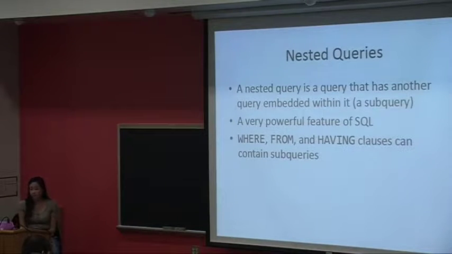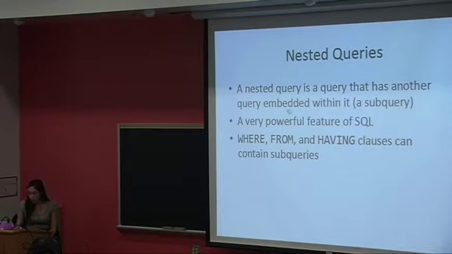So far we actually have seen some queries that we did in a nested way. Okay? So we have an intermediate result embedded into an outer query. So this is what we call a nested query. It's a really powerful feature of SQL that we can use.